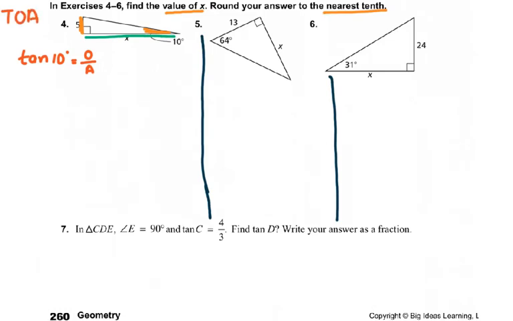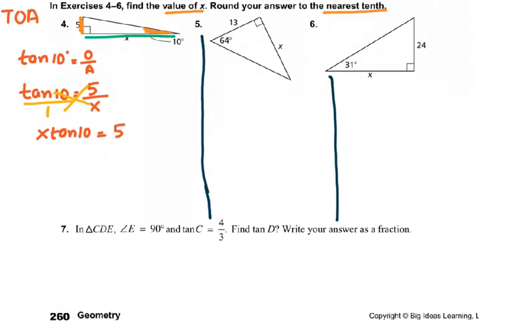So let's plug it in. Tangent 10, the opposite leg is 5 and the adjacent one is x. After that, always do the cross multiplication. That is my favorite one. There is a 1 underneath, so just multiply across: x tangent 10 degrees equals 5.